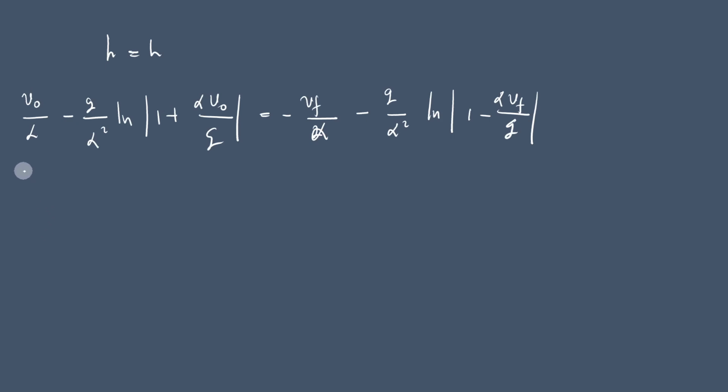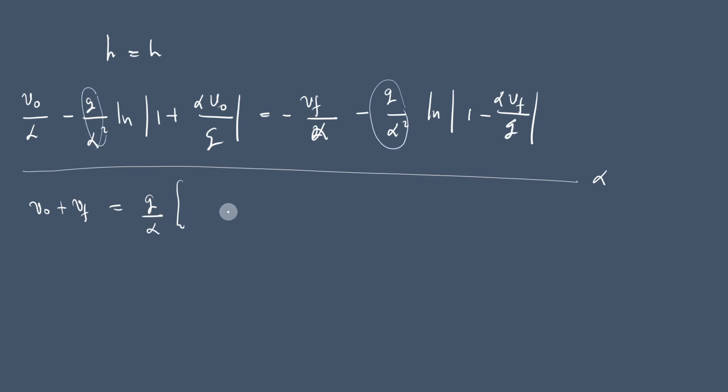We can multiply all the terms by alpha. So the left side is vo plus vf, and the right side is g over alpha, in the bracket ln(1 plus alpha vo divided by g) minus ln(1 minus alpha vf divided by g).